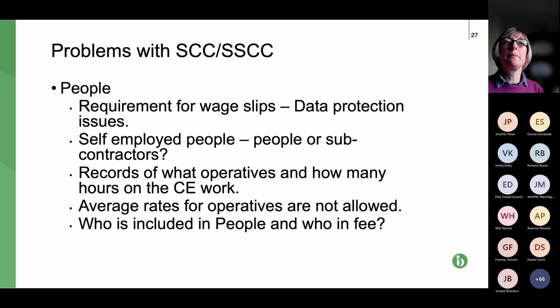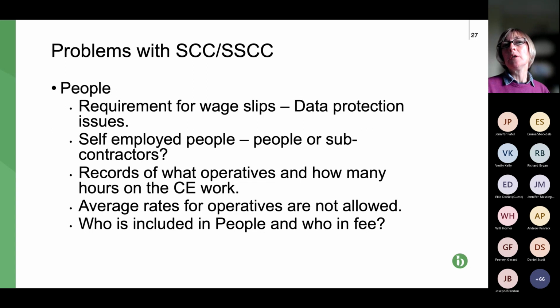So some of the problems, and some of these have in part been covered by NEC4, which is the last section. If you're having to prove what each individual person in your organisation or on site costs, you're going to have to provide a lot of documentation, not just wage slips, probably.